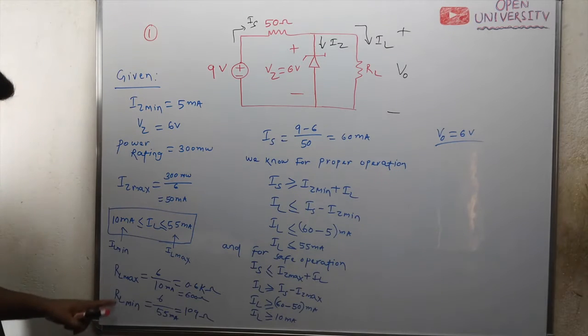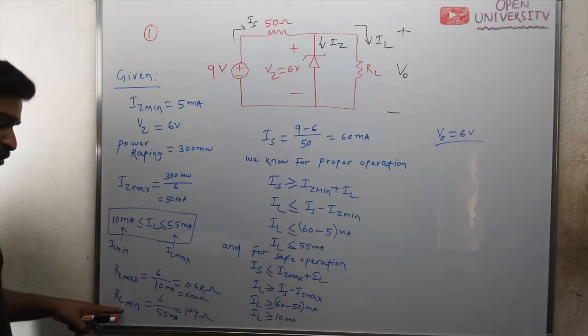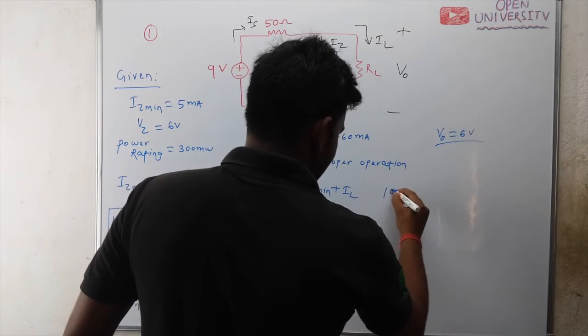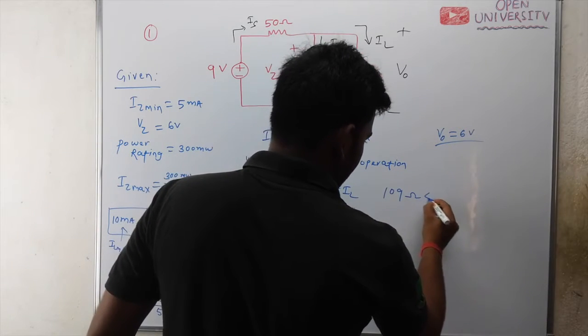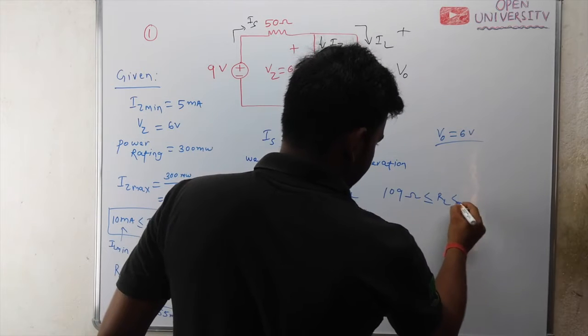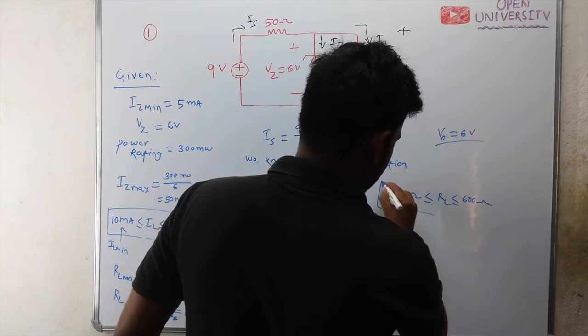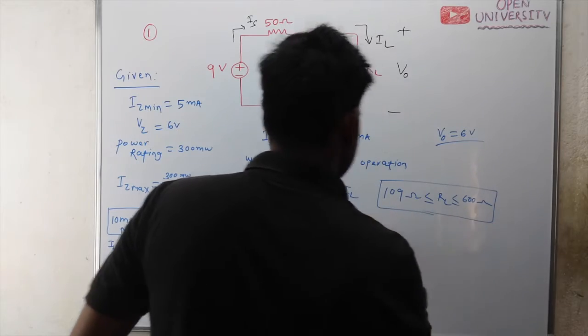So this is the maximum value of RL and this is the minimum value of RL. So you can say RL should lie in between 109 ohm to 600 ohm. This is the range of load resistance.